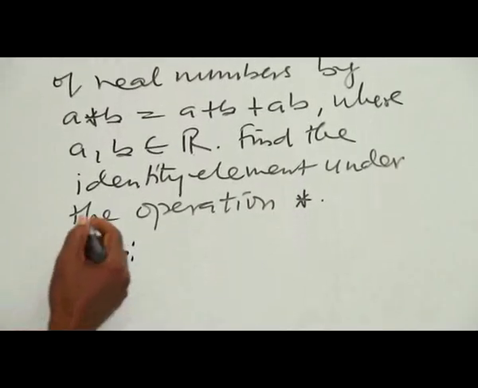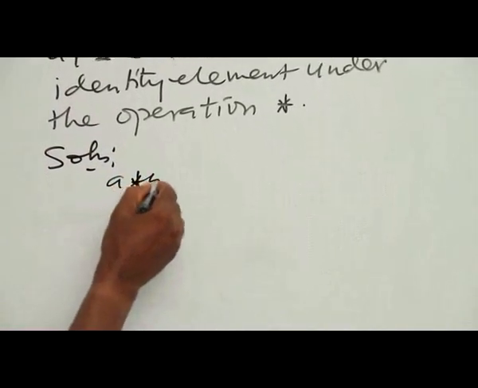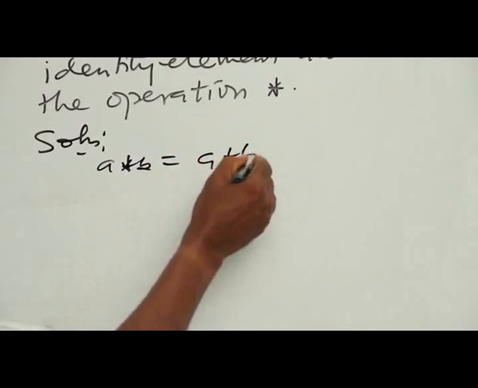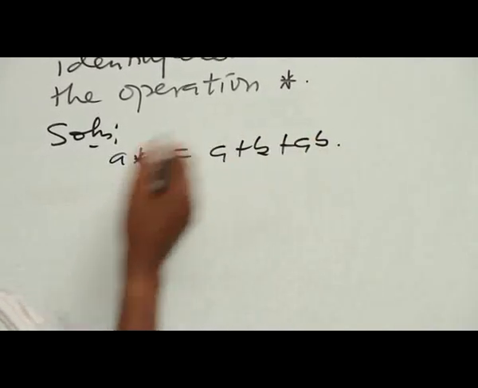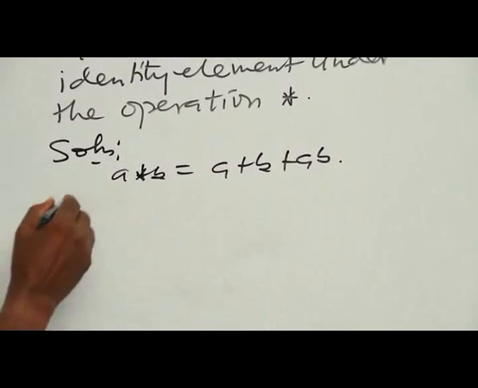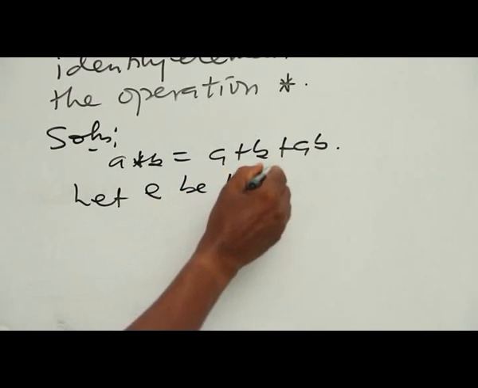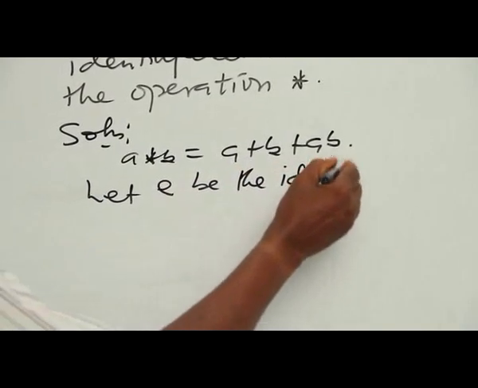Now, for this solution, we have here that A is operated on B, and the result is A plus B plus AB. Now, we are to find the identity element, so let E be the identity element.